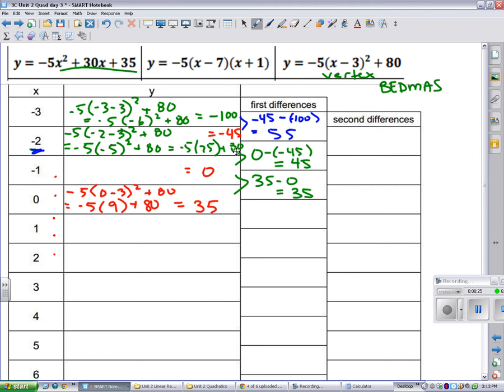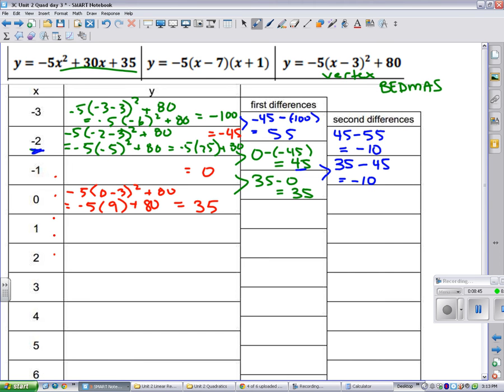So the second differences are done the same way. So that is the lower in the table, subtract the one up above it. So I'm going to do 45 and subtract 55. And what I get here is -10. If I do these ones, lower in the table, 35, subtract the one up above it, subtract 45, again, -10.